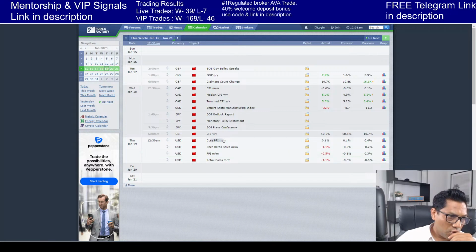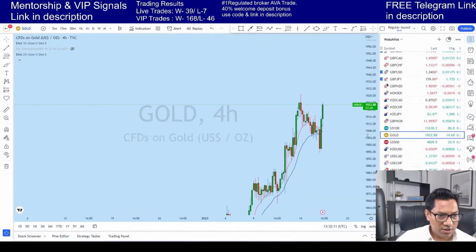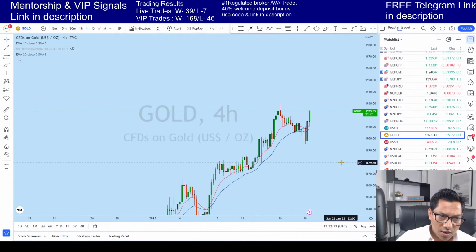Core PPI is the same, but core retail sales is a bit less than forecast. PPI is also way less than forecast. Retail sales also less than forecast. So that really gives a good move for gold and other USD pairs.